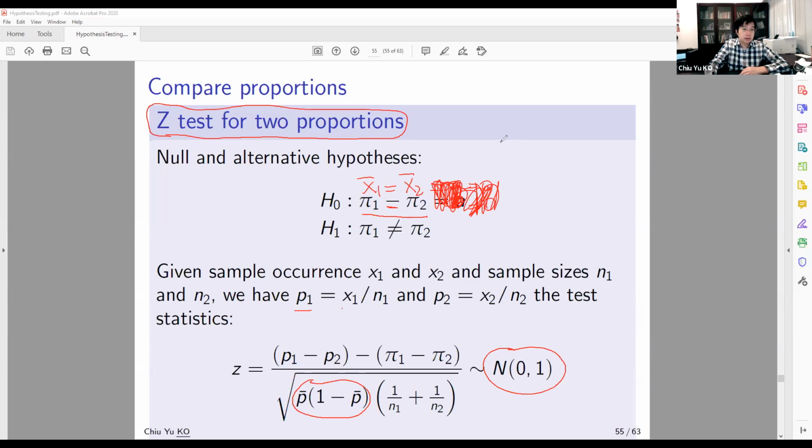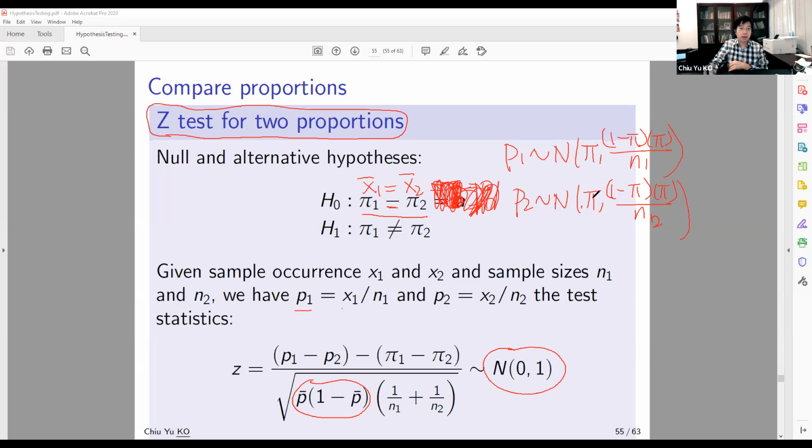That means under the null, P1 has a normal distribution with mean pi 1 and variance pi 1 times (1 minus pi 1) over n1, and P2 is normal with pi 2 and pi 2 times (1 minus pi 2) over n2. But under the null hypothesis, they have the same pi.